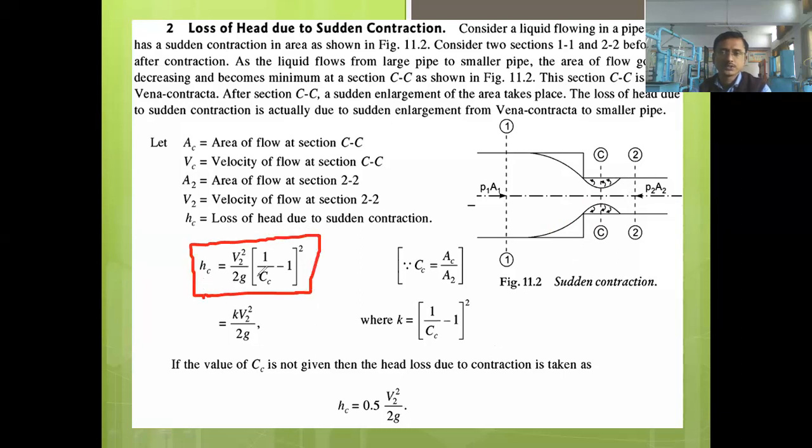Hc is equal to V2 square upon 2g into 1 upon Cc minus 1 bracket square, where Cc is equal to Ac upon A2, that is coefficient of contraction. V2 is the velocity here in the smaller pipe.